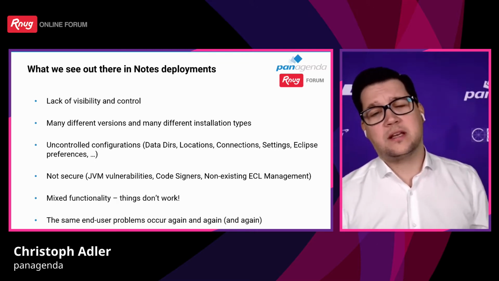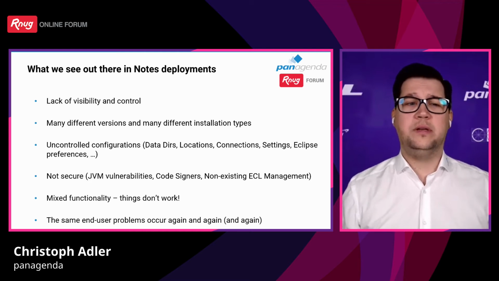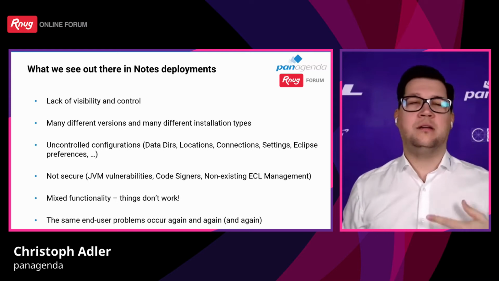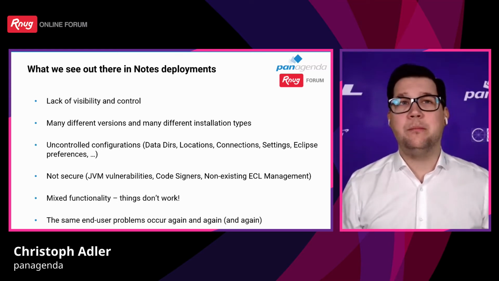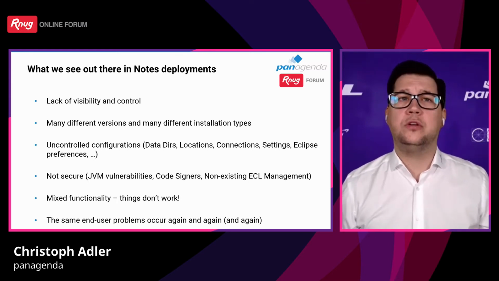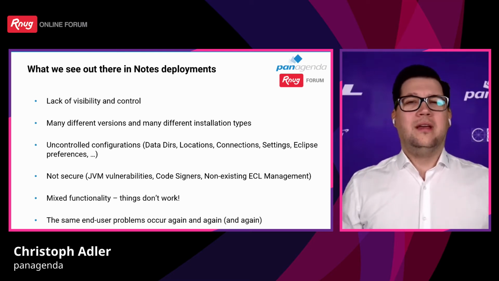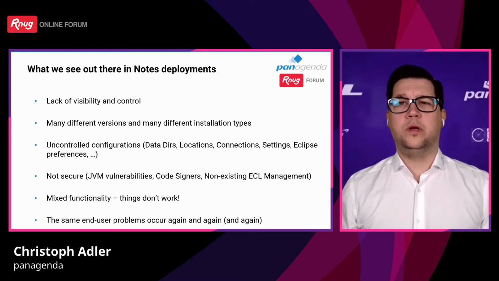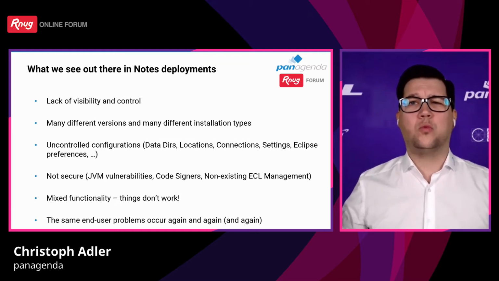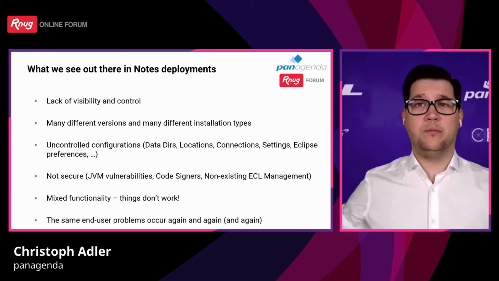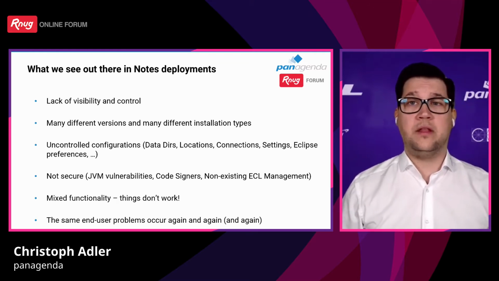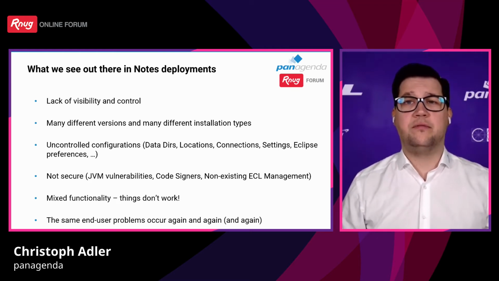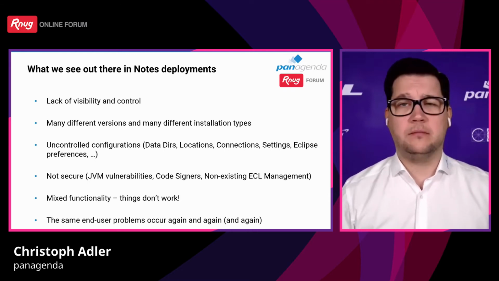What we also see are not secure clients, meaning old JVMs, non-existing code signers, non-existing ECL management. The ECL means the execution control list, right? So what you end up with is mixed functionality, which results in things simply not working, or users having problems or trouble, and then they create tickets with the help desk, and at the end of the day, you have a lot of work with them, and they are not happy.